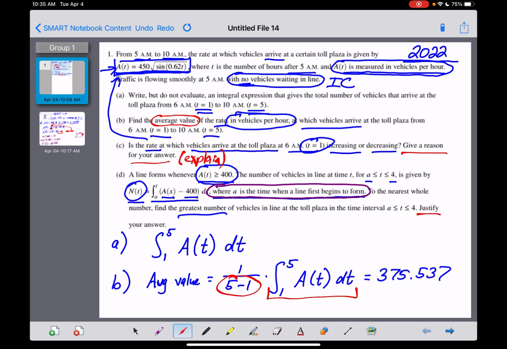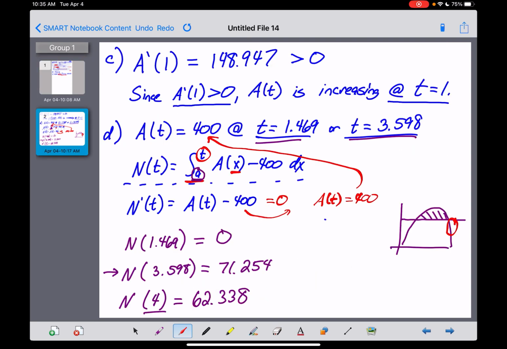But when they use the word justify, they use a different word right there, because justify does not need to be a verbal explanation. They just need to see the work that you did to come up with that. And we've shown all that work here in what we did right here with our n prime of t, our derivative equation, in setting a of t equal to 400, and then in testing all of these values over here on the left.